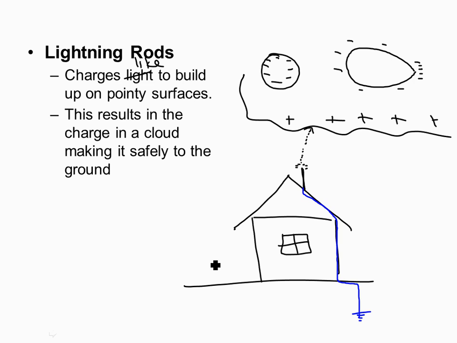In theory, if you just didn't have the pointy thing, then your house wouldn't get struck by lightning. No, that's not true. Because if the charge is big enough to pull those electrons up, just like when I crank the Wimshurst machine, if there's no pointy part, then it's going to go crack, just like the Wimshurst machine does.